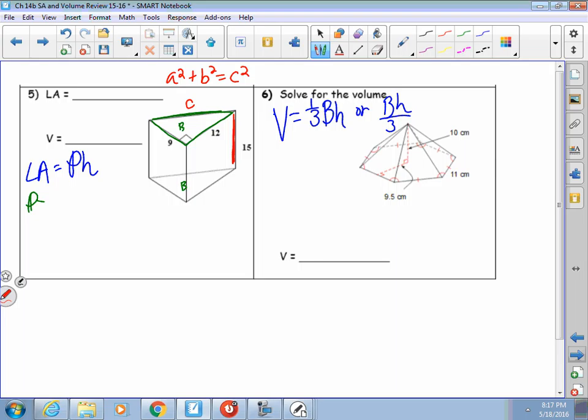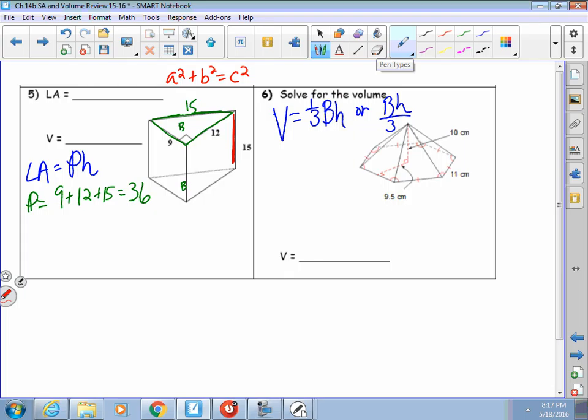When we worked that out, we got that the missing side is actually 15. And then we found the perimeter by doing 9 plus 12 plus that 15, which came out to be 36. And the height is given to us as the distance between our bases, which was 15. So now we're just plugging it in.